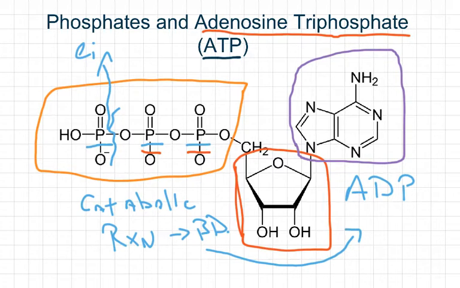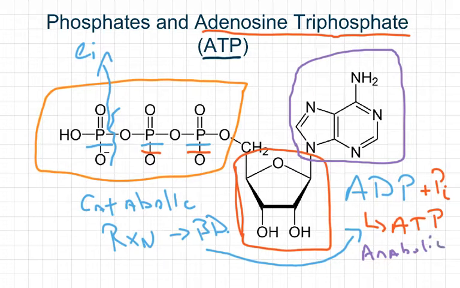Now, this process is reversible, where ADP can have a phosphate group added to it to create ATP. And again, we will call this an anabolic reaction, because we are creating something from two substrates.